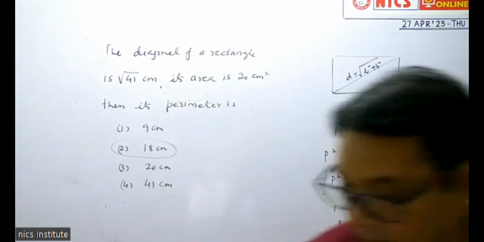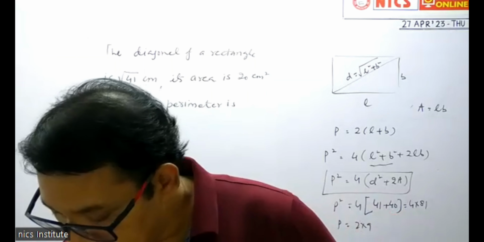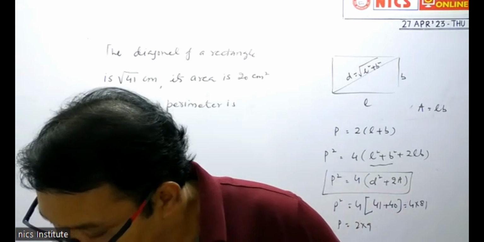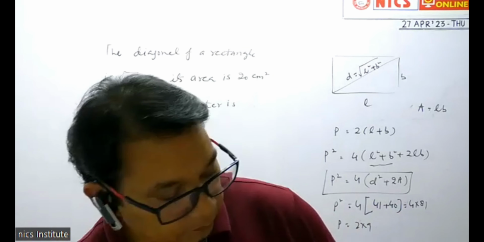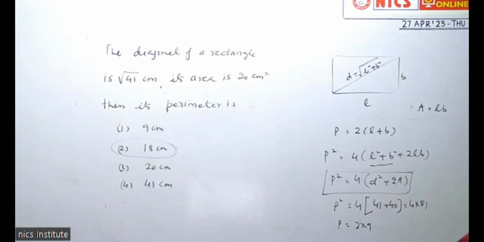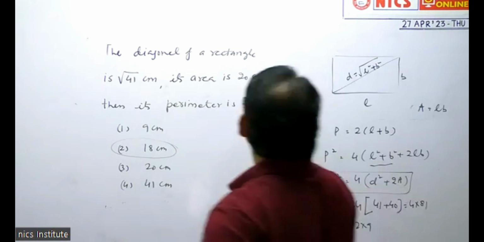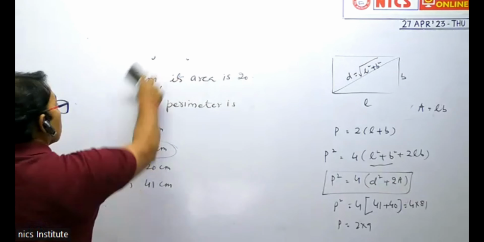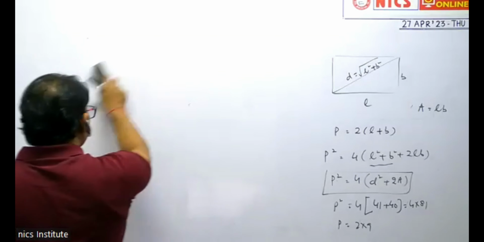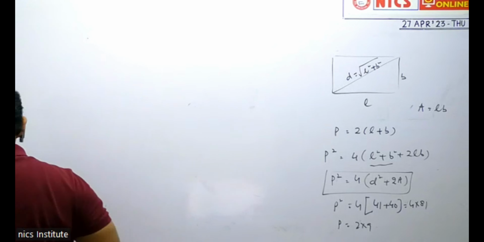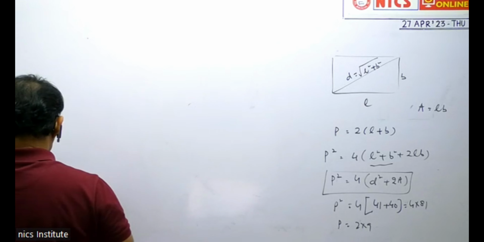You can do this also. Remember the results. These are great help sometimes. Square of the perimeter is 4 times the square of the diagonal plus 2 times the area.